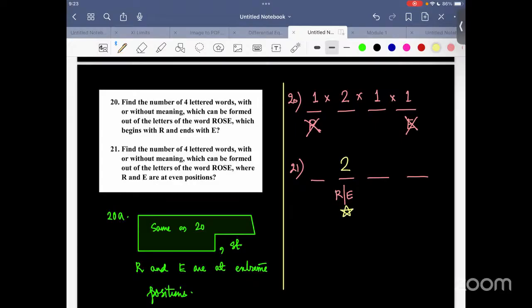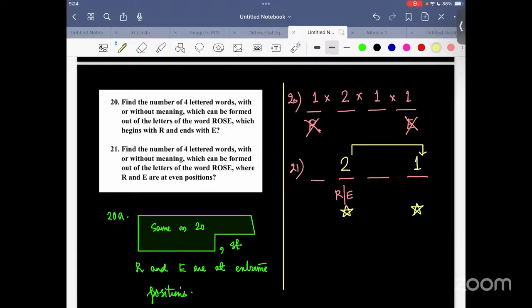These two are the restricted positions. These star marks are restricted positions. Who can come here? Any one out of R or E can come. One will occupy the position, and the other position will be taken by the remaining one. Are you able to understand this chain?